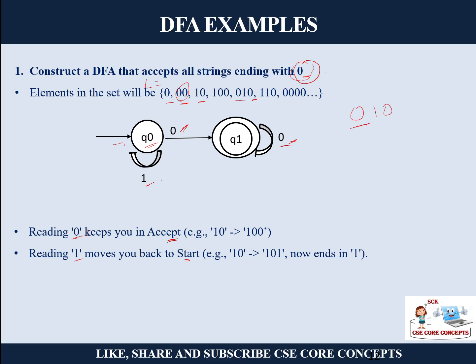When I encounter the first 0, I go to this state. Then I encounter 1, and I will remain in the Q0 state. And then again I have a 0, I go to the accept state. But what if I have 1? A 1 at the end is not acceptable here. So if I get a 1 here, I will go back to the previous state, right? So this is how you can construct a DFA.